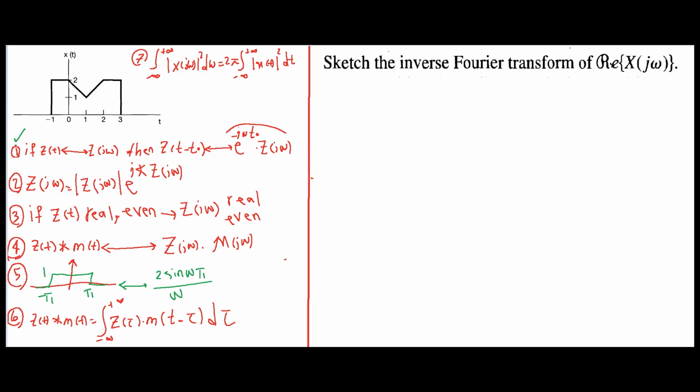The last part of the question asks us to draw the inverse Fourier transform of the real part of X(jω). Here we need to remind this point. The Fourier transform of the even part of the signal x(t) is equal to the real part of X(jω).